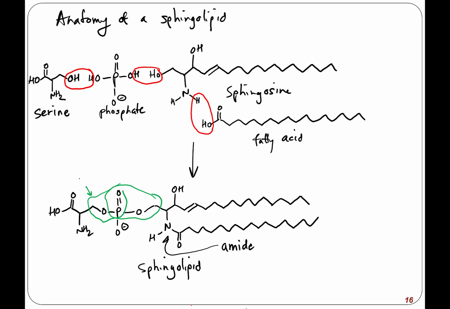So same thing, phosphate ester, and then the whole thing is a phosphodiester bond or linkage, whatever you want to say. Okay, and then this whole thing is now called a sphingolipid. And it's another type of complex lipid.